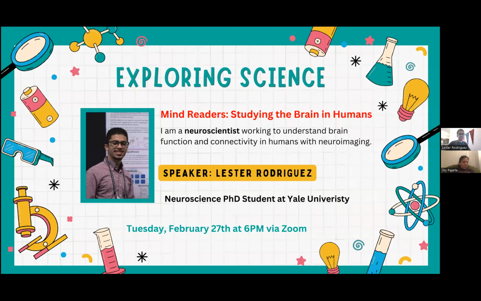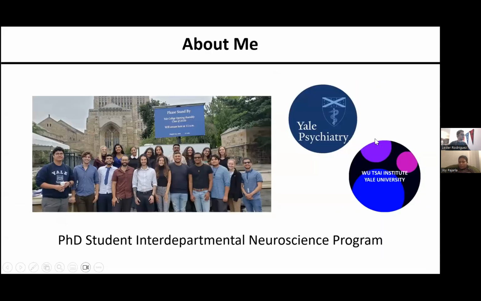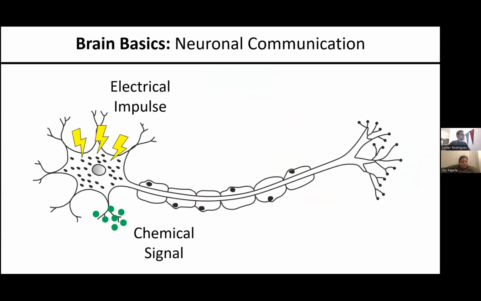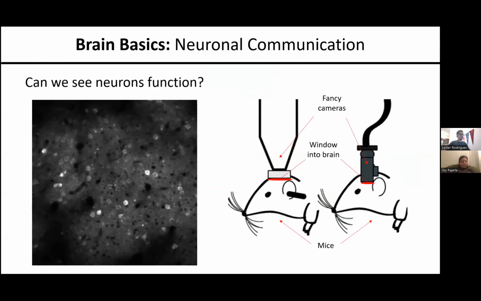Another question is, why is the mouse used as a model organism? That's a great question. Why do we use mice? A lot of neuroscience research uses mice and also rats, which are both rodents. And the reason is, and I see it in the chat, some people putting it in there, mice and rats are mammals. We are also mammals. So they have pretty similar brains.